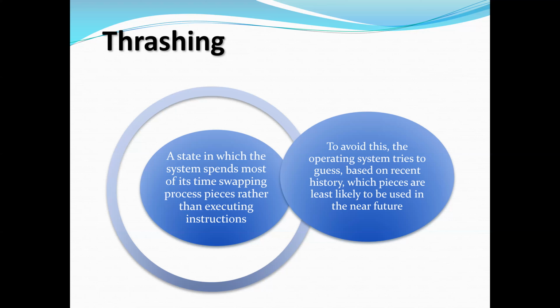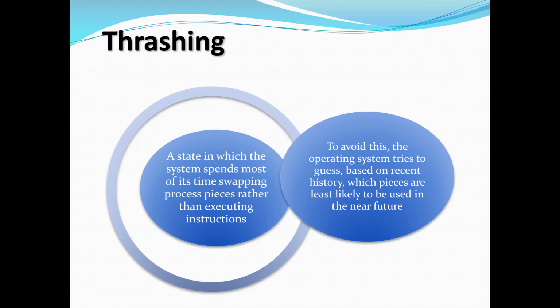Now, we can make better use of memory by loading in just a few pieces. Then if the program branches to an instruction or references a data item on a piece not in main memory, then a fault is triggered. So this tells the operating system to bring in the desired piece.